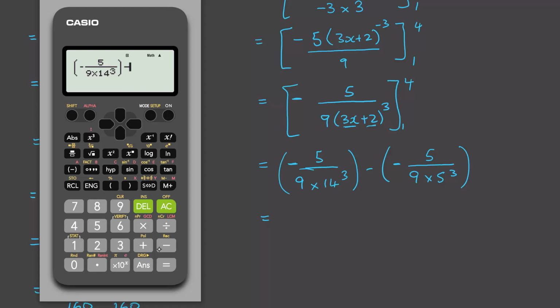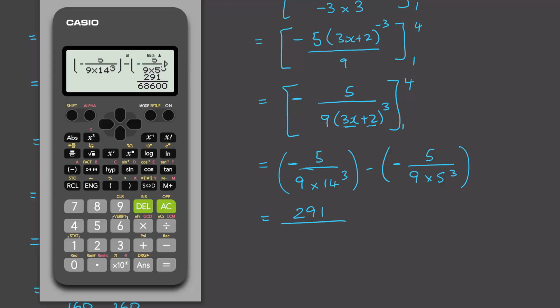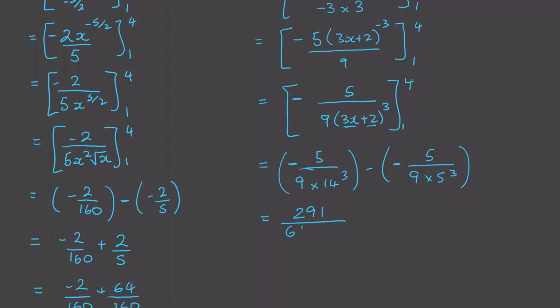And then take away, and once again it's a negative, and it's going to be 5 over 9 times 5 cubed. And that gives me 291 over 68,600.